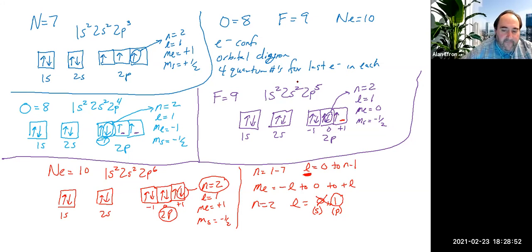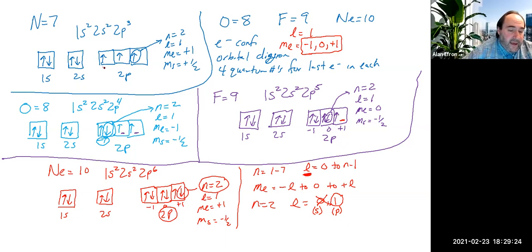Now that we have an L value defined as 1, the possible values of M sub L would go from -L, which would be -1, to 0, to +L, which would be +1. What these 3 values represent is really the orientation of the different orbitals in 3-dimensional space, and they represent the 3 different p orbitals.